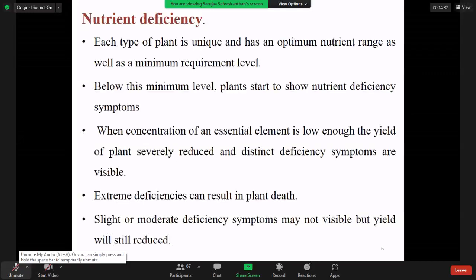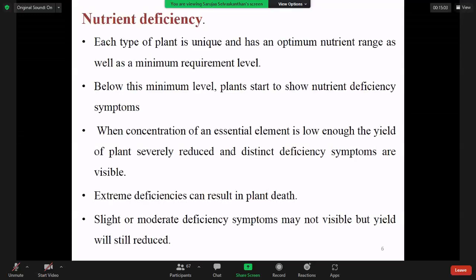Then in nutrient deficiency, we already discussed that these nutrients are important for the plant, but they need to be available to the plant in a certain amount. If it is below the minimum level, the plant is going to show deficiency symptoms.